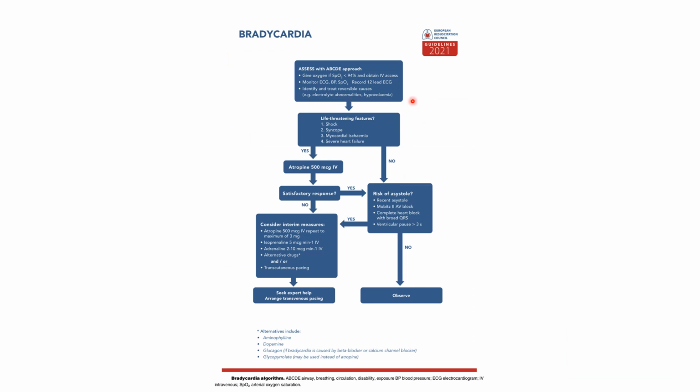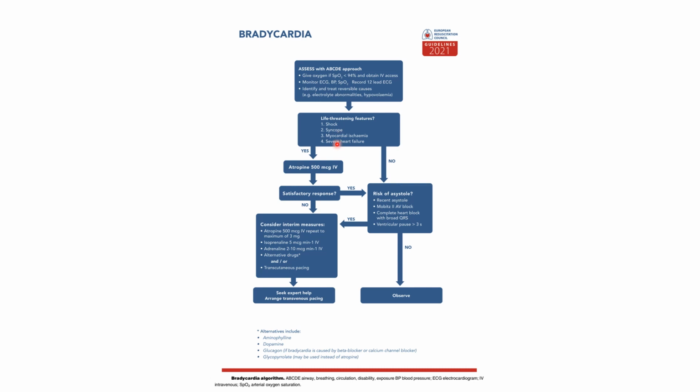Here's a bradycardia algorithm from ERC 2021. It's almost too small for me to read, sorry, but the general rule, as I remember it, is that you have the 4 S's, as in, are they acute or not acute.